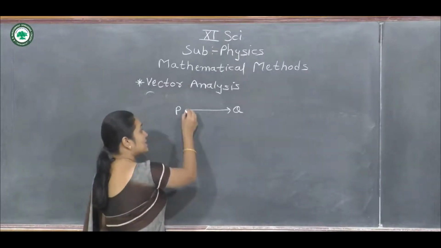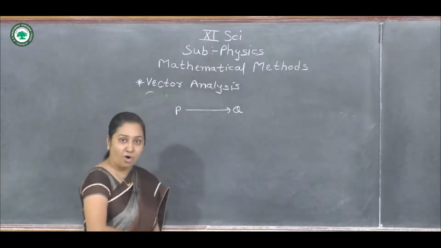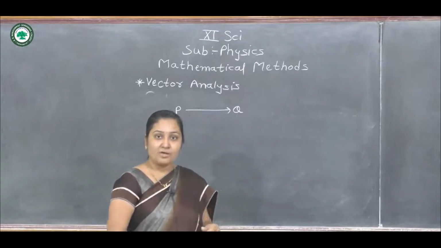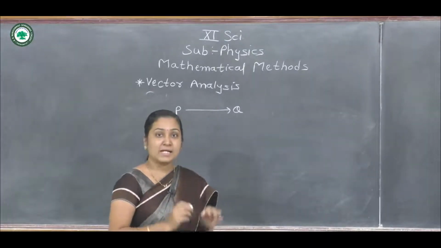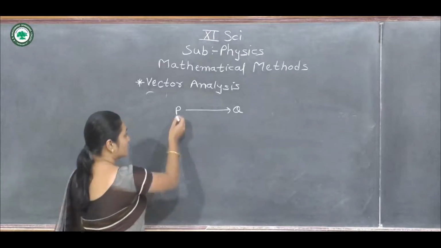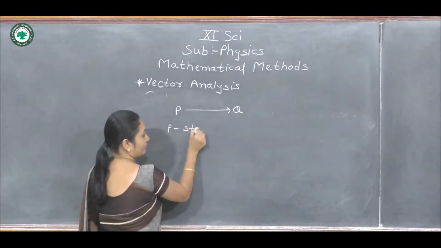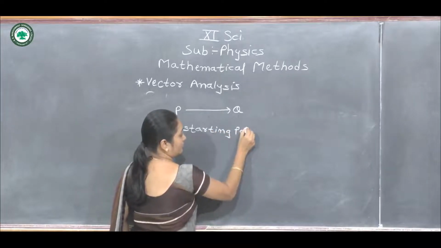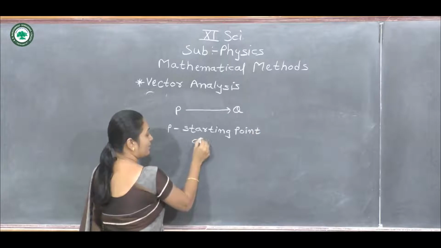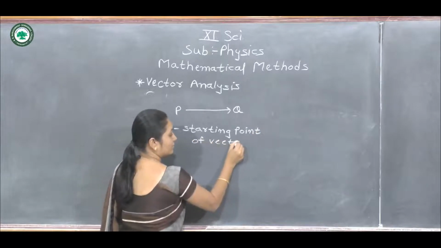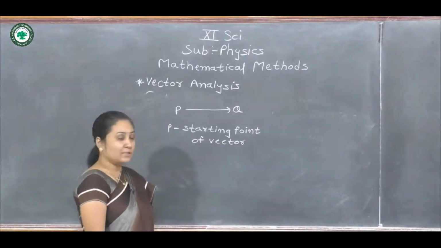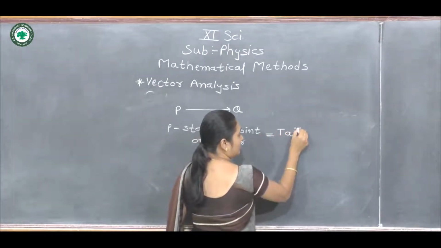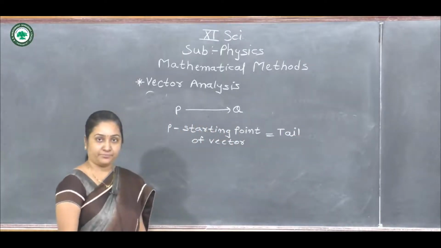Now this P is called the starting point of a vector, or it is also called the tail of a vector.